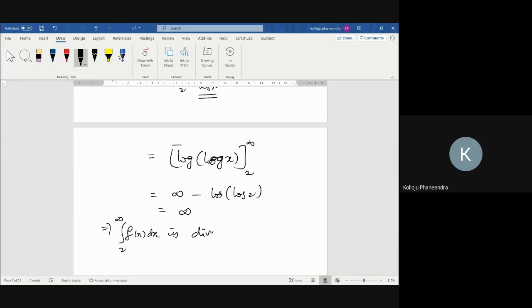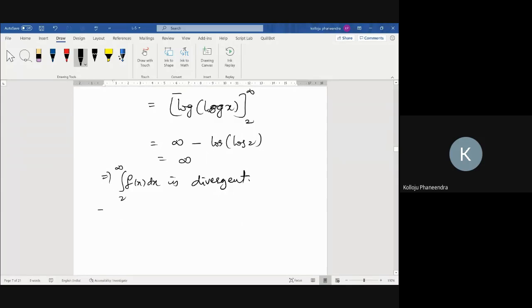When the value of the integral is infinity, it is divergent. When the value of the integral is finite, it is convergent. Therefore you write like this: by integral test, sigma f n, that is, the series sigma 1 by n log n, n equal to 2 to infinity, is also divergent.